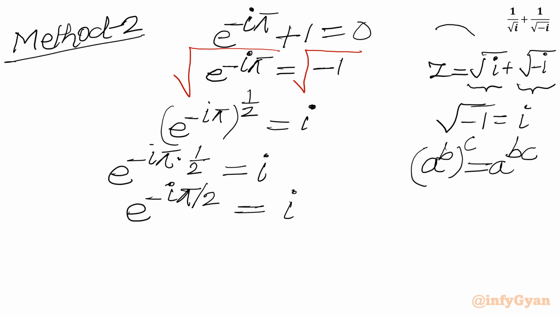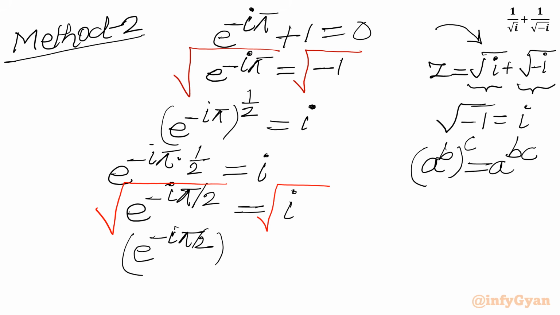Now our target is √i, so I will consider the square root once again. We can write (e^(-iπ/2))^(1/2) = √i.